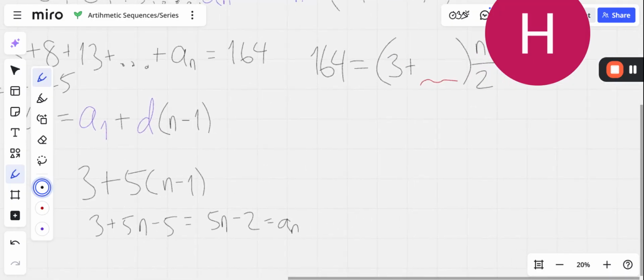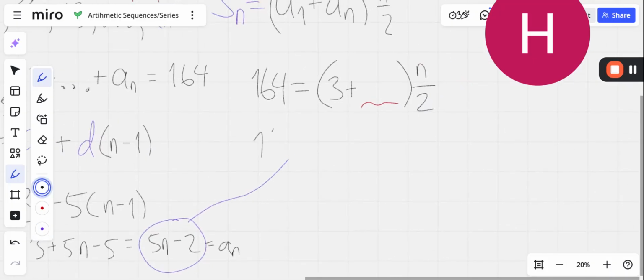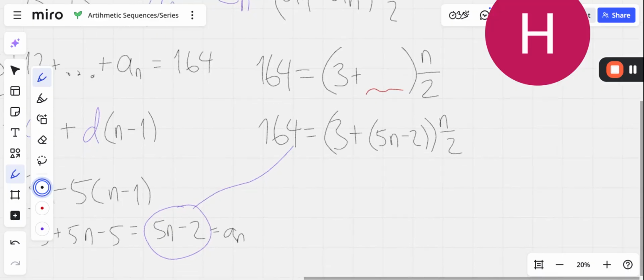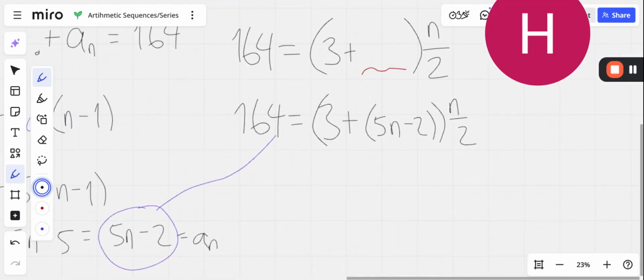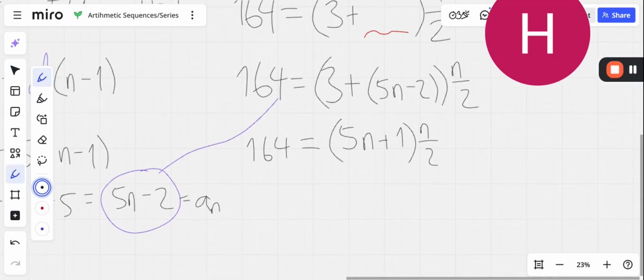Very interesting. Let's go ahead and use that. This is going to give us 164 equals 3 plus 5n minus 2, and then this is all multiplied by n over 2. We got some rearranging to do inside of the parentheses. So this is going to be 5n plus 1 times n over 2 equals 164.